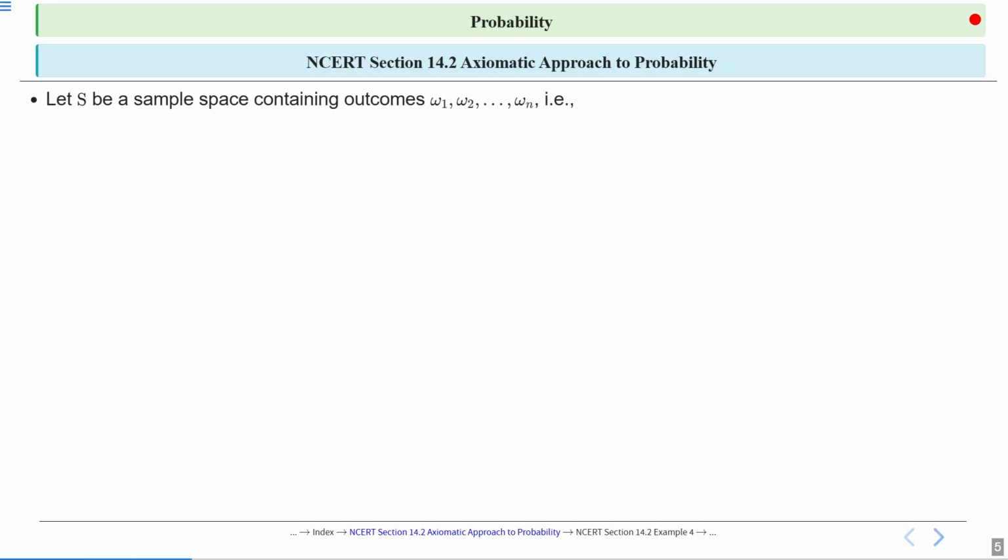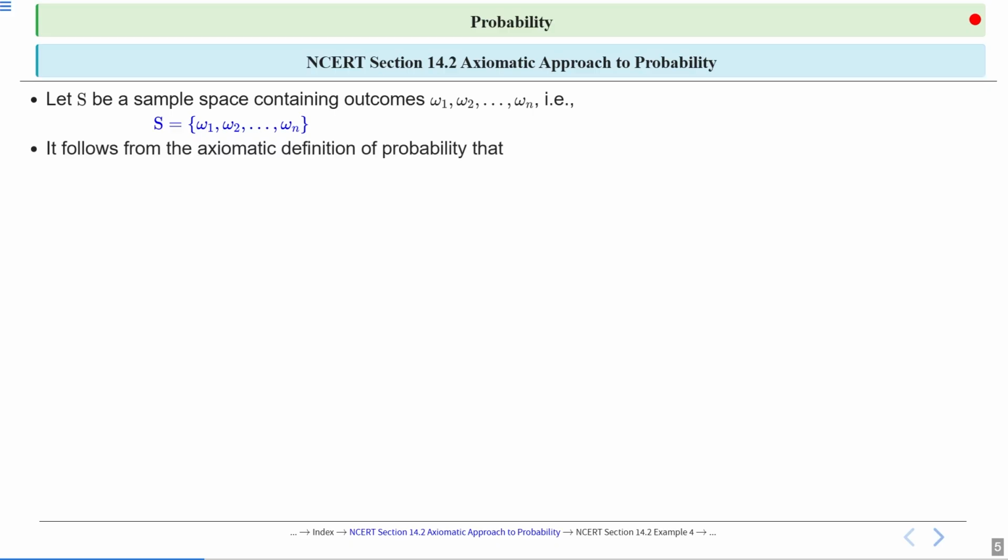In this slide, first we let S be a sample space containing outcomes omega 1, omega 2 up to omega n. So S is nothing but the set omega 1, omega 2, omega 3, up to omega n.